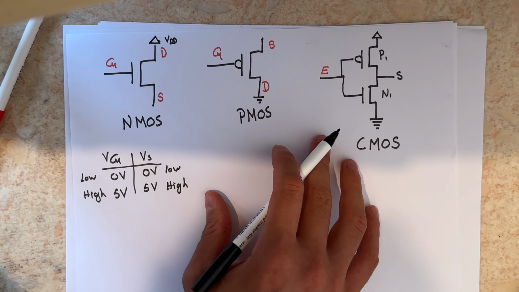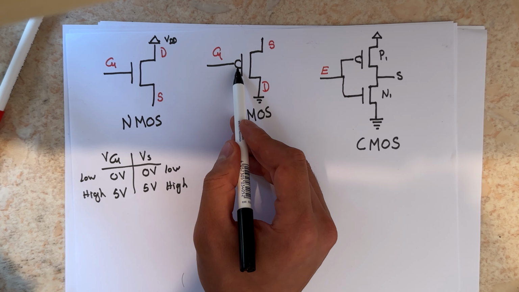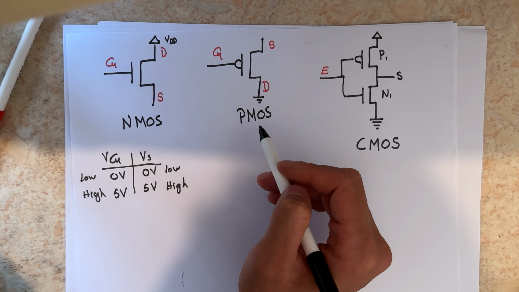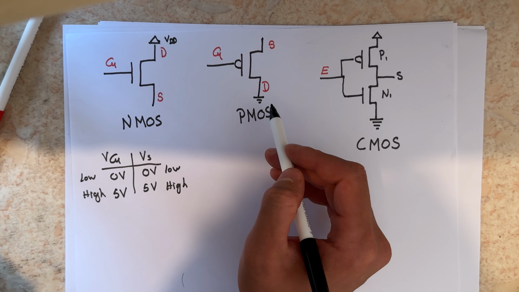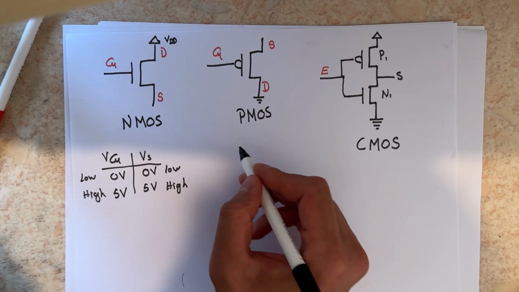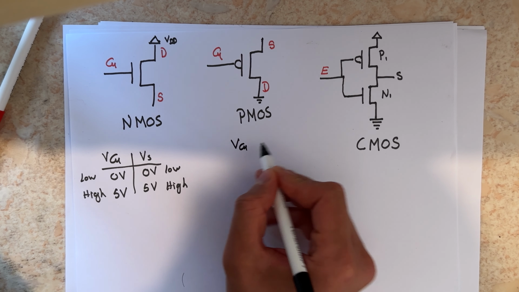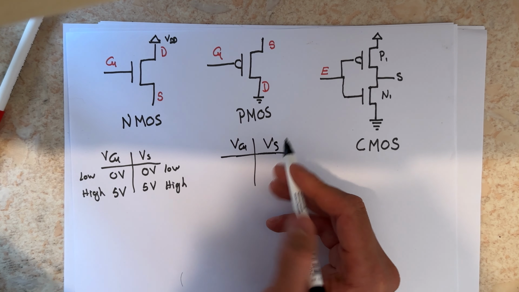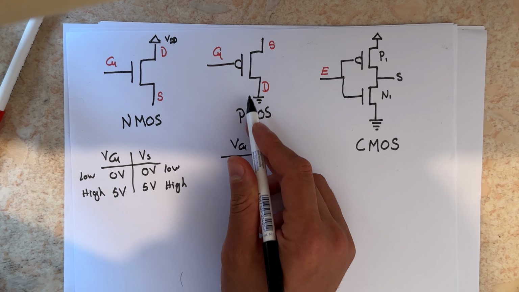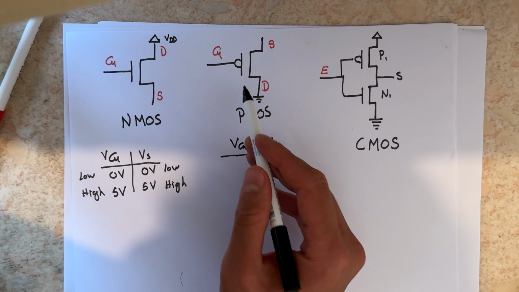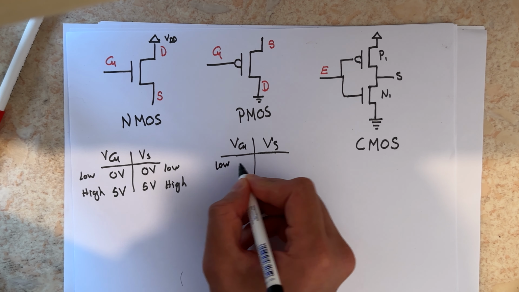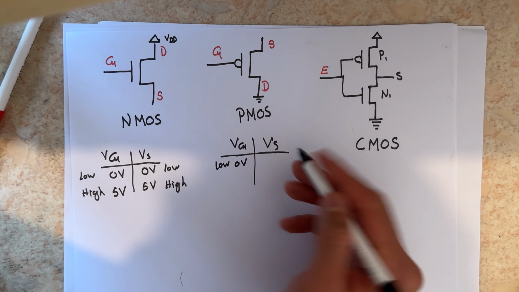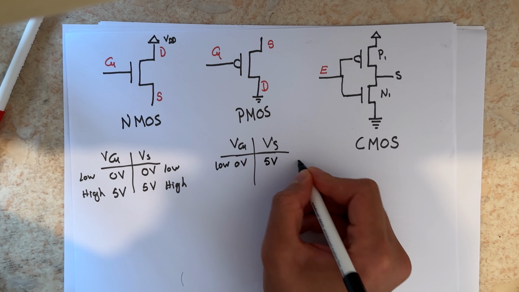But in pMOS we have a circle here, and it represents the inversion. So the pMOS acts like an inverter, okay. If you would apply a high or a low, we would start with the low, a low or 0 volts, the outcome would be inverted, or here 5 volts, okay, or high.